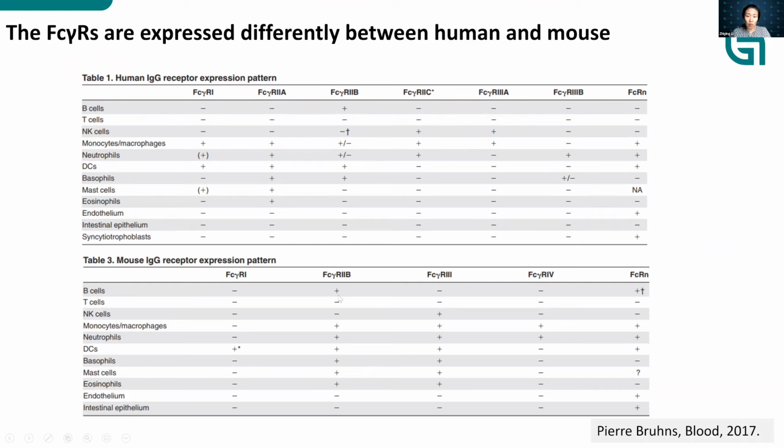On the mouse side, though, you can roughly tell the 2B and 3 in particular have a broad spectrum of distribution. 4 seems to have monocytes or macrophages and neutrophils, and this is part of the reason why people think this is the mouse equivalent to the human 3A, because human 3A and human 3B are kind of cell type specific. And in the 3A situation, it is the macrophages that express the 3A.